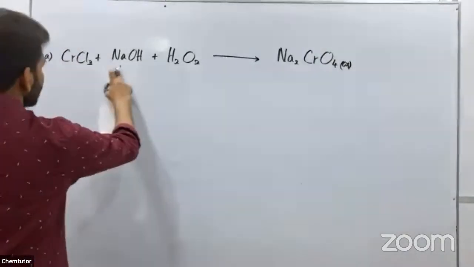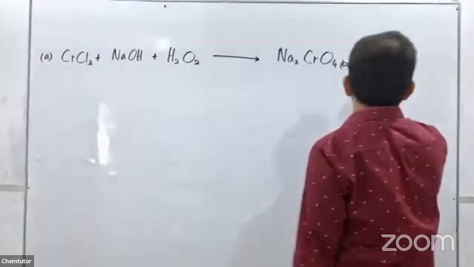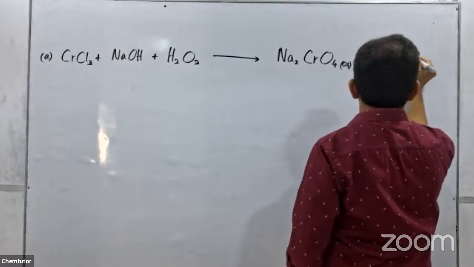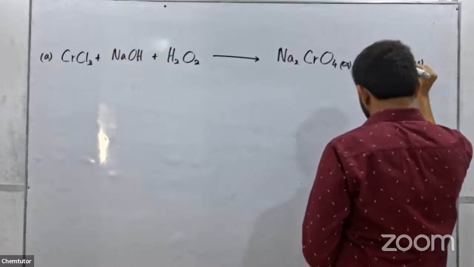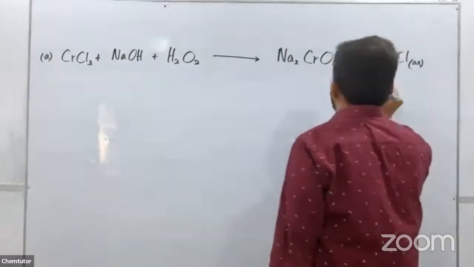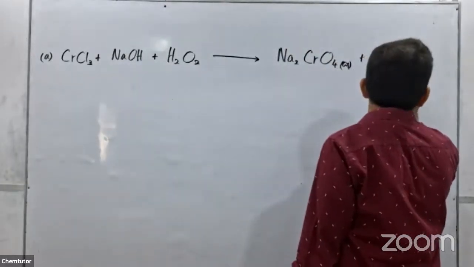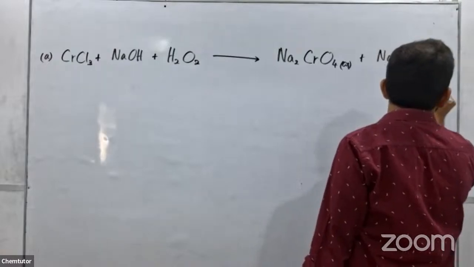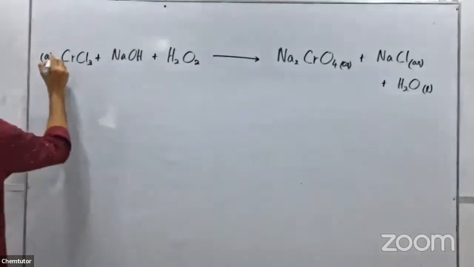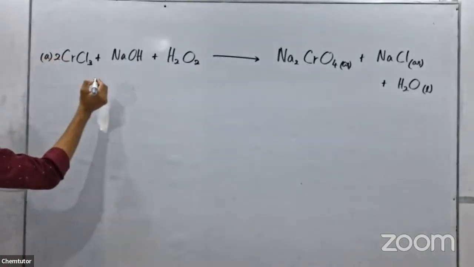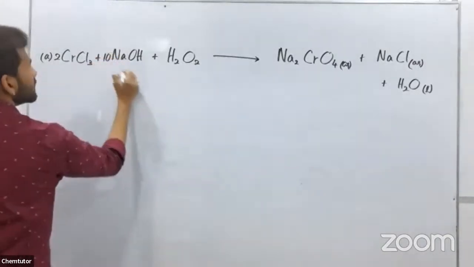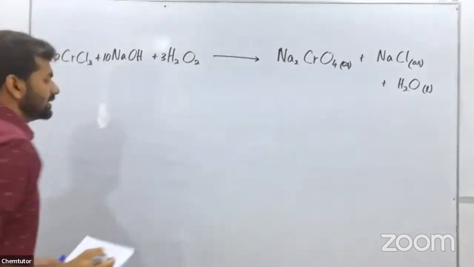Now we have chlorine here. So sodium with chlorine, it will produce sodium chloride. Right, sodium chloride. And to balance, we have to put water. Once we balance, it will become 2 chromium chloride, 10 sodium hydroxide, and 3 H2O2.